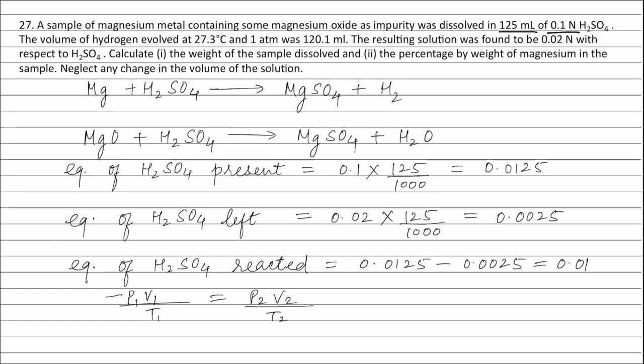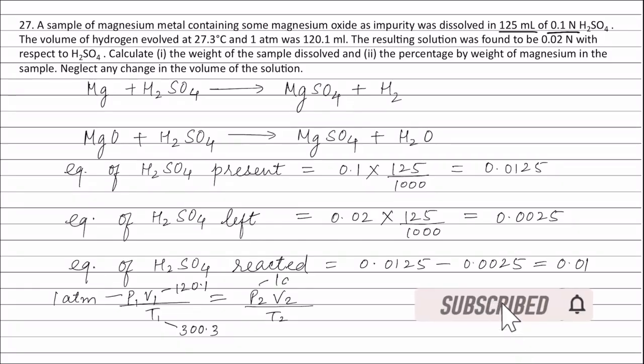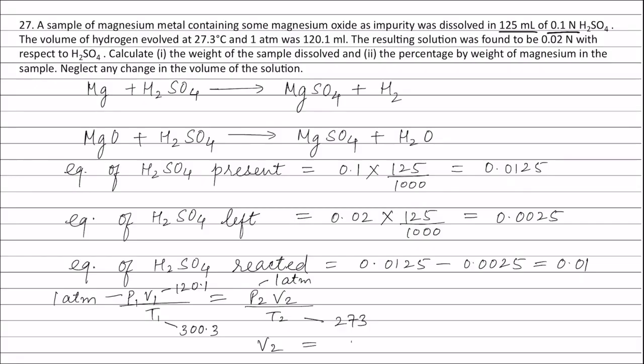Therefore, P1 is given as 1 atmosphere, V1 is given as 120.1 milliliter, T1 is given as 300.3 Kelvin, P2 is 1 atmosphere, T2 is 273 Kelvin. Solving this equation, we get the volume of hydrogen, that is V2, is equal to 109.2 milliliters. This is the volume of hydrogen evolved when magnesium reacts with sulfuric acid.